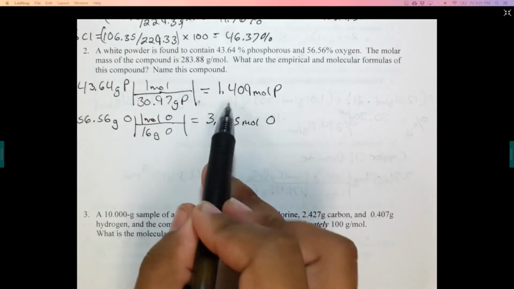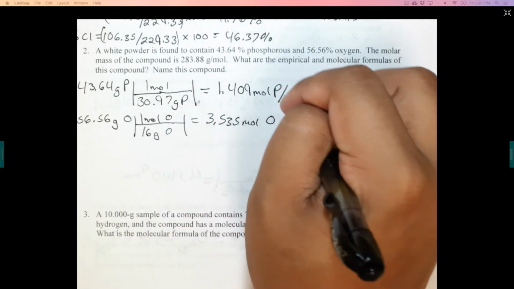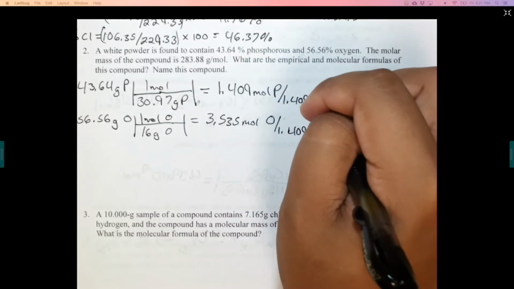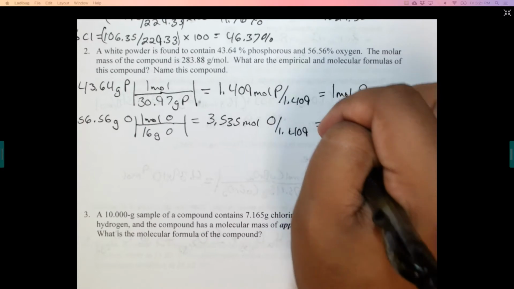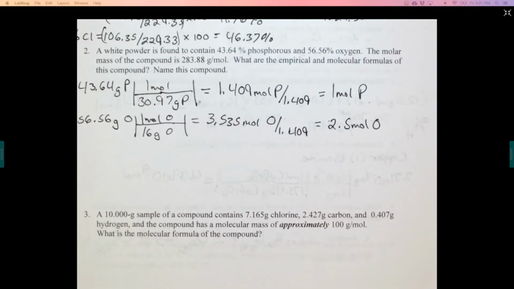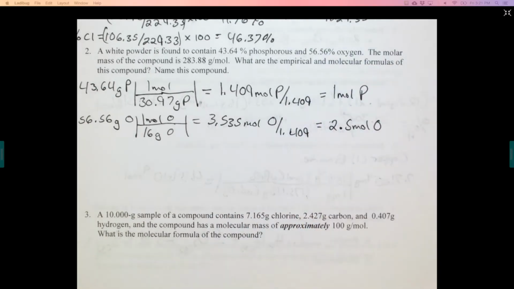Remember, we take the smallest number of moles and we divide it into both. We end up with 1.409 divided by 1.409, and we end up with 1 mole of phosphorus and 2.5 moles of oxygen. We cannot have an empirical formula, remember, with a half of a mole.